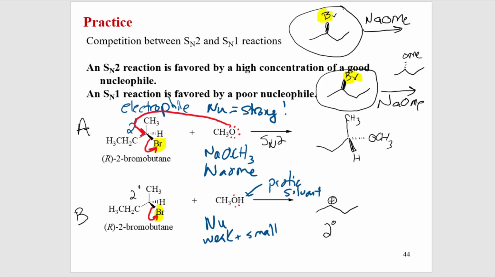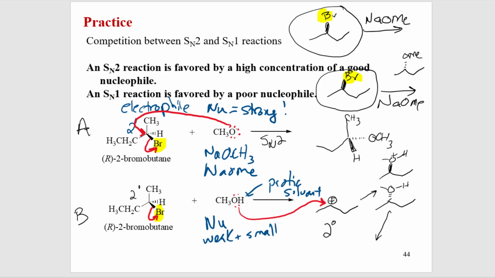Second step, after solvolysis, front or backside attack, I can make methoxy from one side, methoxy from the other side.